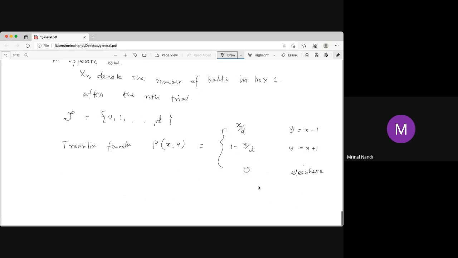And you can easily check what the transition matrix will be. The transition matrix, with states 0, 1, up to d as rows and columns, is clearly: 0 to 0 is 0.